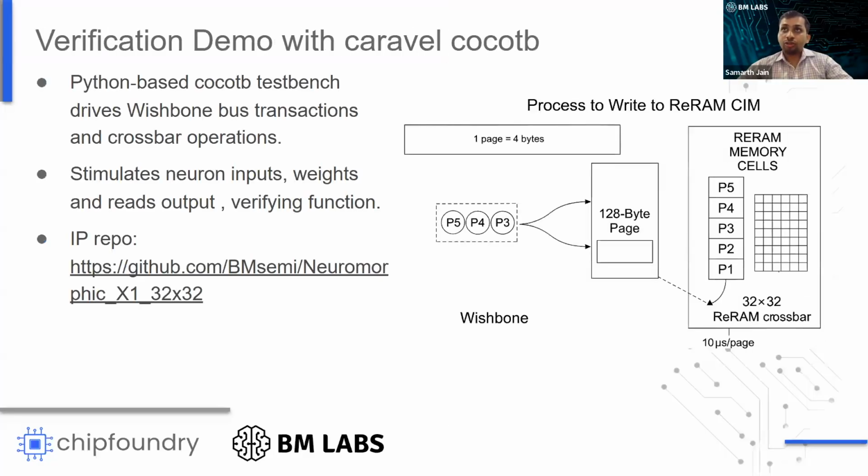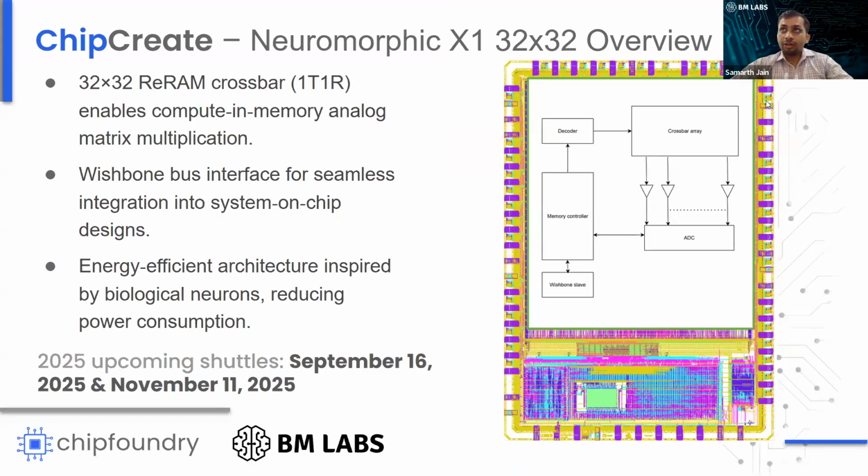So what I showed on this slide is that the whole crossbar cell array is developed by us: decoders, the memory controller, it all comes in the macro with the sensing circuit inbuilt. So the user just has a digital interface, easy to use with the existing Caravel management SoC.